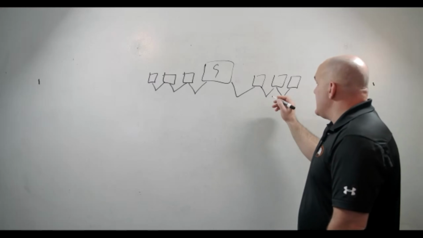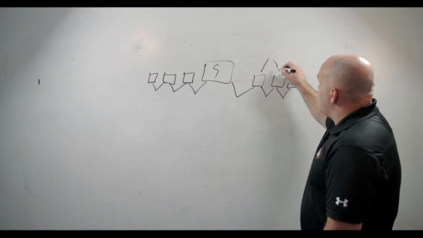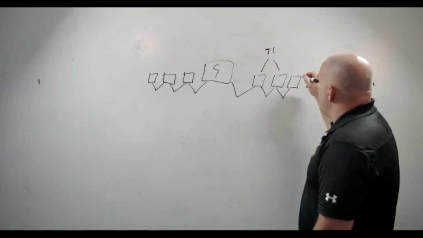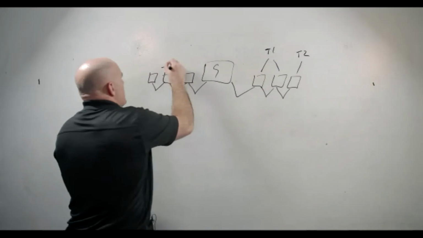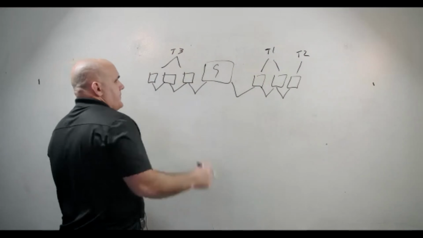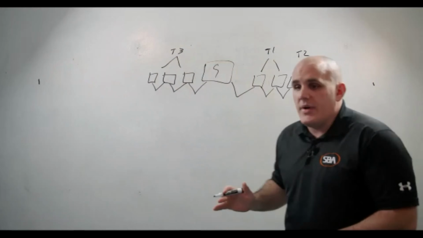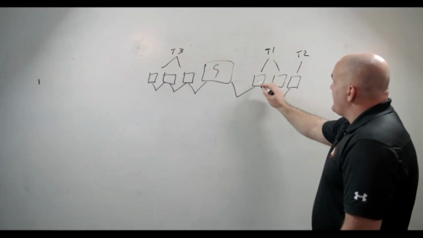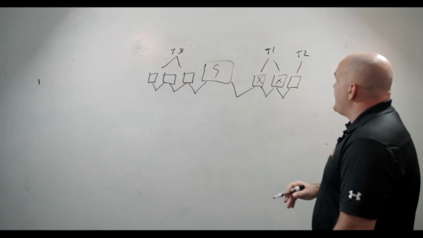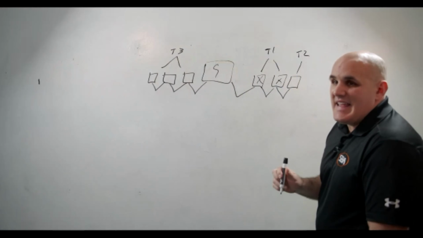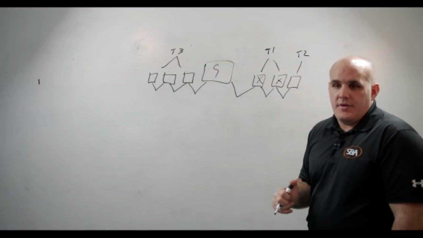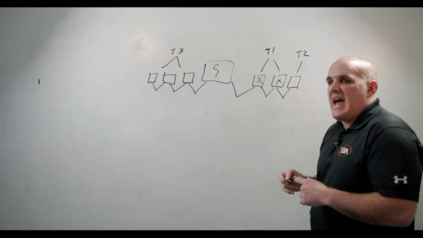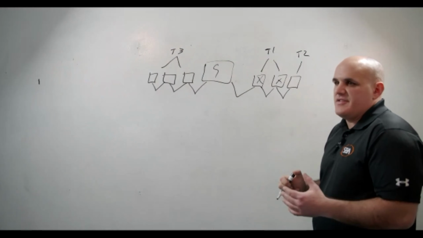Let's say these 2 devices are on T1, this device is on T2, and these 3 are on transformer 3. If these 2 devices go down but everything else is working, there's a high likelihood that transformer 1 is down. This is also why I do not advocate having a massive transformer bank.